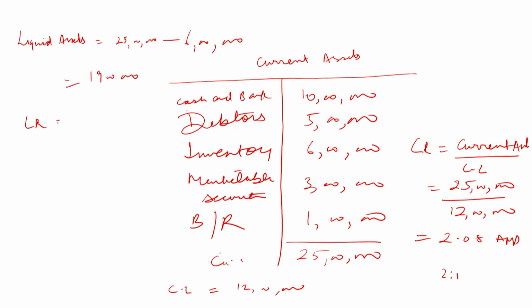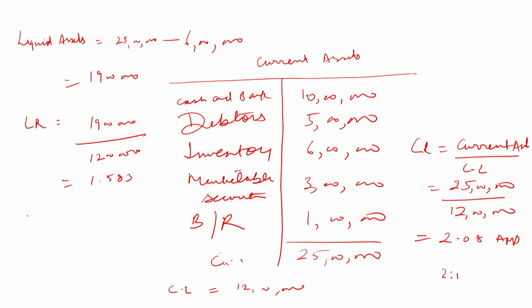Liquid ratio will be 19 lakhs as liquid assets divided by 12 lakh of current liabilities, which comes to 1.583, which is again more than the rule of thumb, which says it should be 1:1. So, here we can interpret that with one liability we are having 1.5 times assets available in terms of liquid assets to pay off our liabilities.